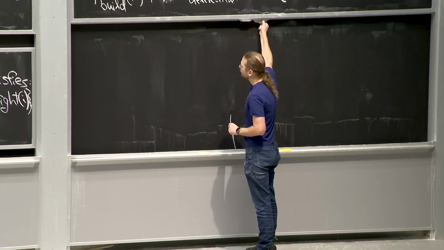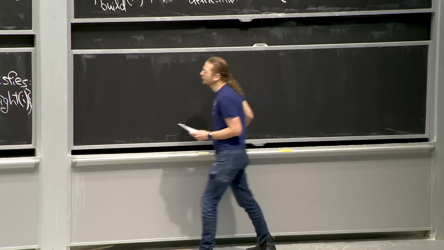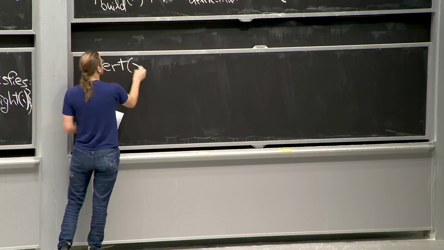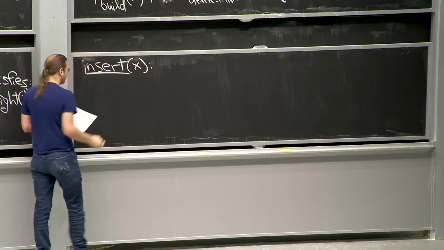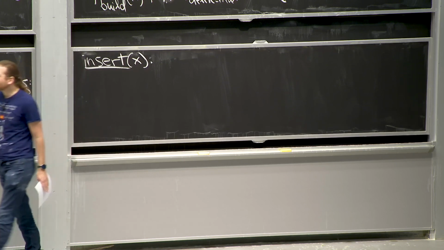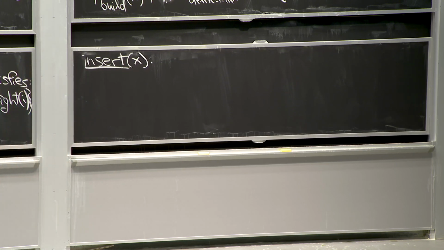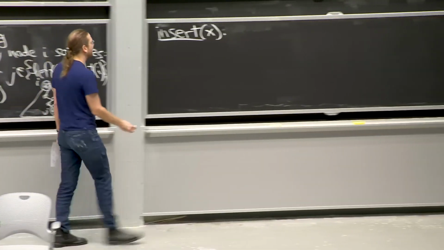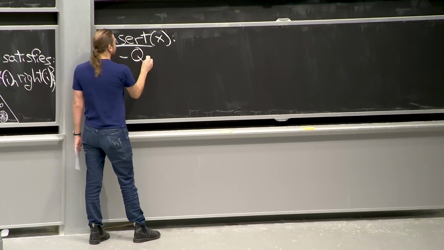Kind of symmetric to what we just said. If I want to insert an item x which has some key, the only thing I really can do in an array, if I want to add a new item, is put it at the end. The only thing we know how to do is insert at the end of an array. This is what we called insert last.